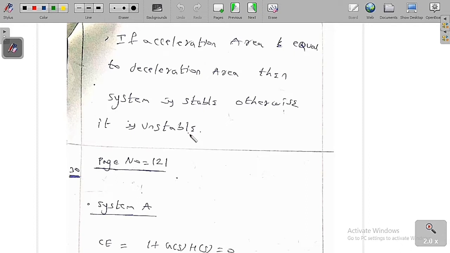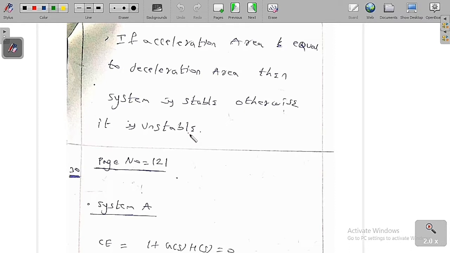So therefore equal area criteria is a graphical technique which is used to examine the transient stability of the machine system, which is one or more than one with an infinite bus. Here the stability conditions are stated by equating the two area segments in the power angle diagram.